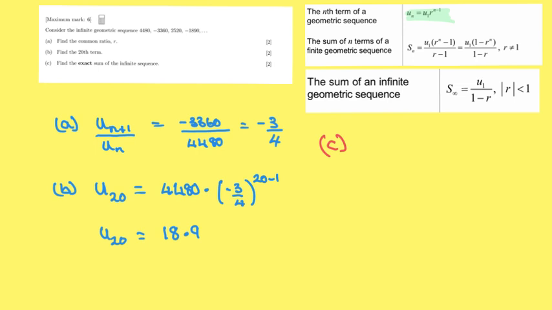And part C, find the exact sum of the infinite sequence. In order to find this, we're going to use this formula for the infinite geometric sequence. So we want S to infinity is equal to u1, which is 4480, divided by 1 minus r, where r is minus 3/4.